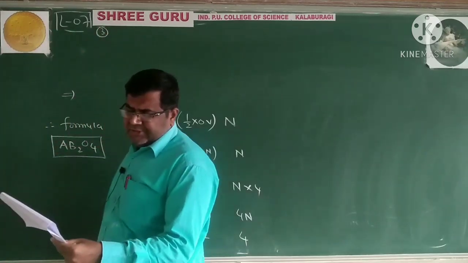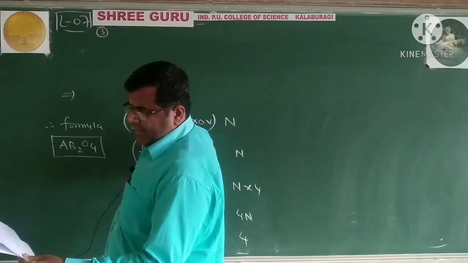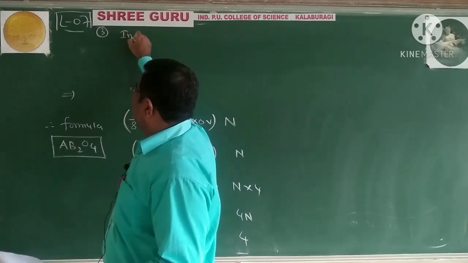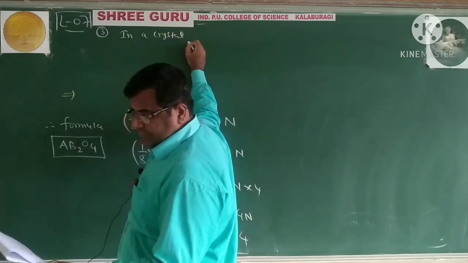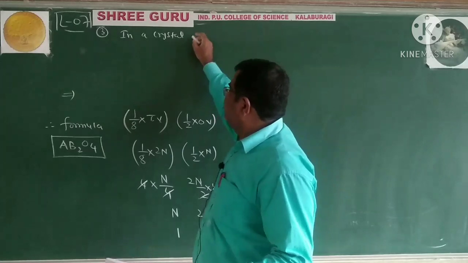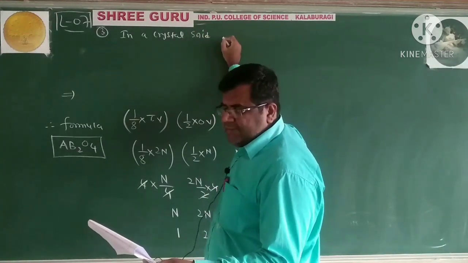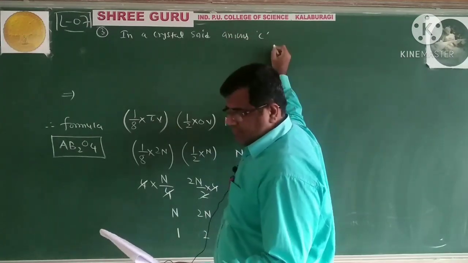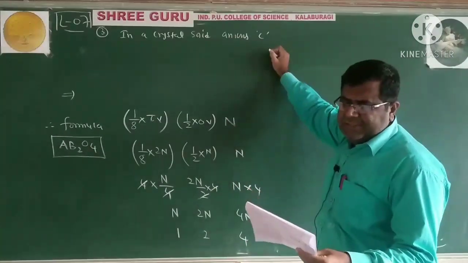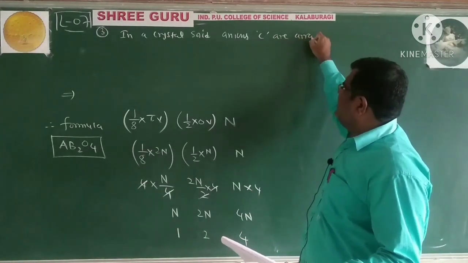In a crystal solid, anions C are arranged in cubic closed packing, which is nothing but FCC.